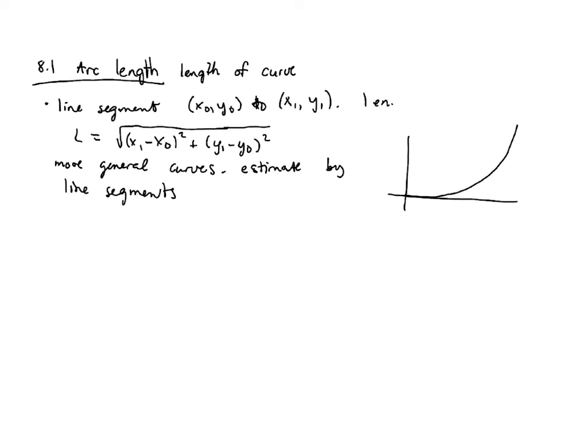It looks like a parabola, and you're interested in finding the length of the curve between those 2 points, so you approximate it by a certain number of secant lines, which are pretty good approximations. But as you take more and more line segments using a smaller and smaller partition of the interval, you'll take a limit and you'll end up with an integral.